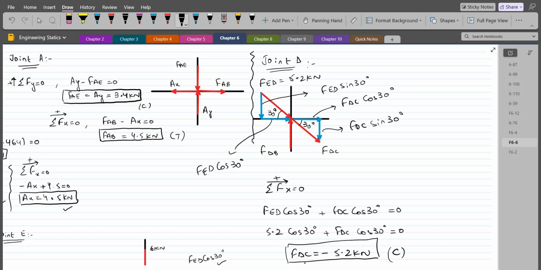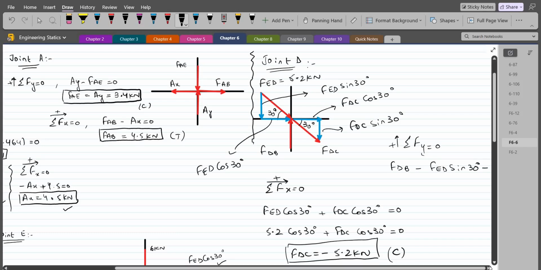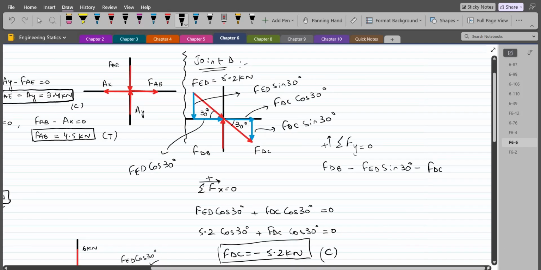Now to calculate for the FDB force, we can apply summation of forces in y direction equals to 0. I'm considering up direction as positive. So we have FDB minus FED sine 30 minus FDC sine 30 equals to 0.